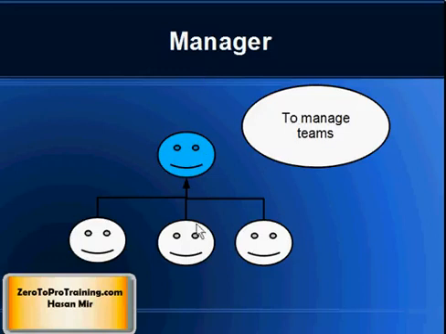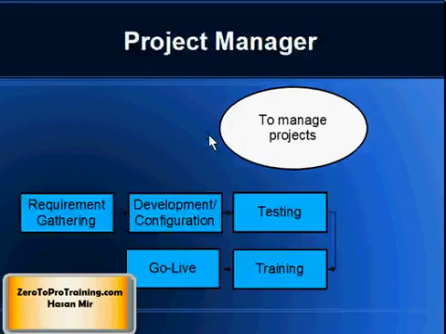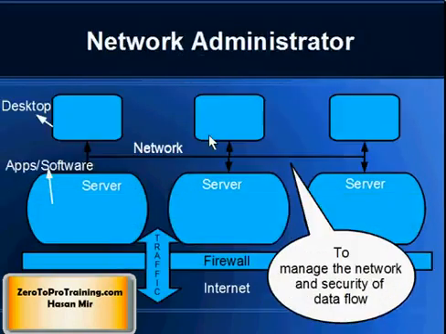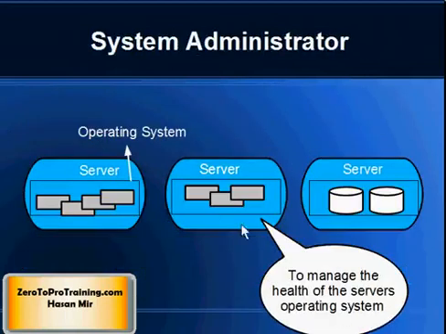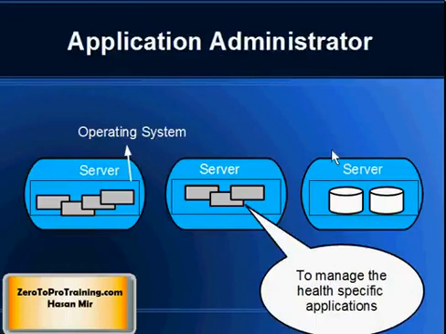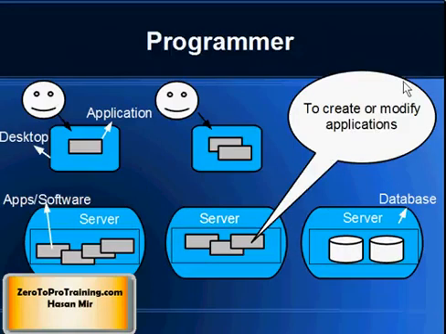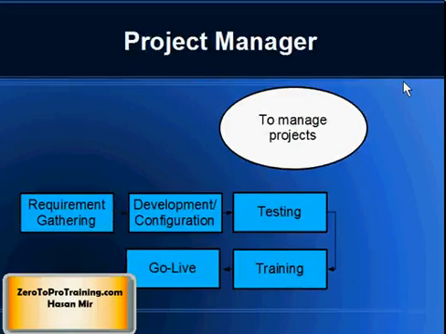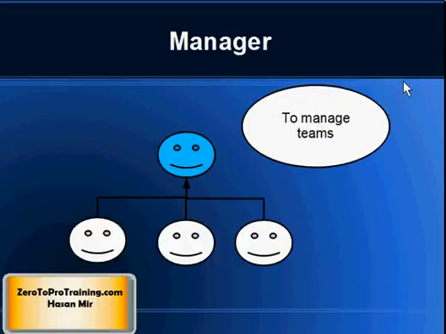A manager manages a team. A manager could be of any department. It could be a network manager managing, for example, your network team. It could be a manager managing your system administrators. It could be a manager managing your database team. It could be a manager managing your application administrators, managing your programmers, and a different term or different title would be used for all of those different managers that I just gave you examples for.